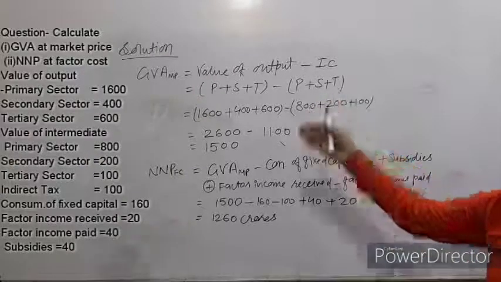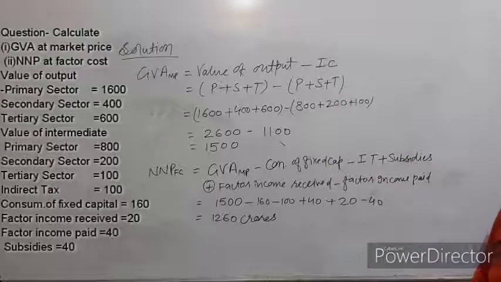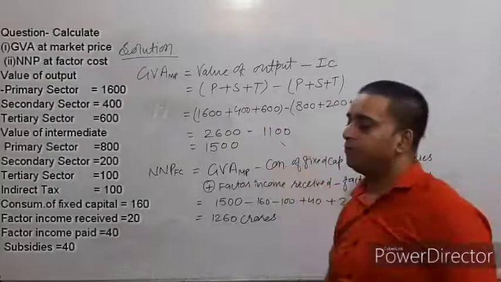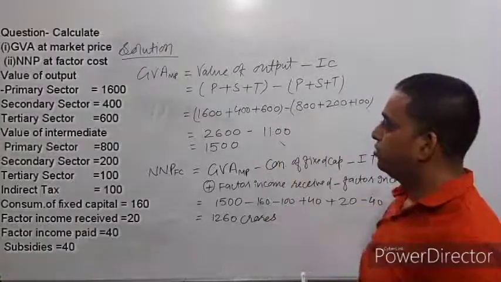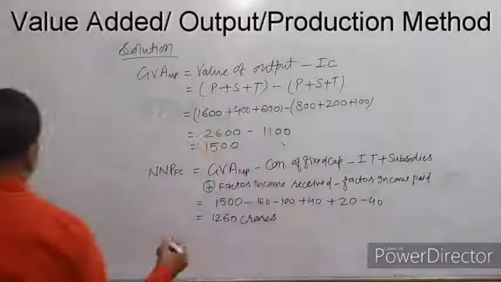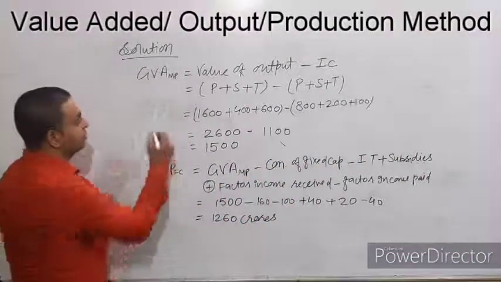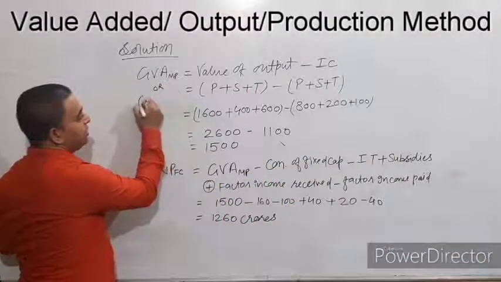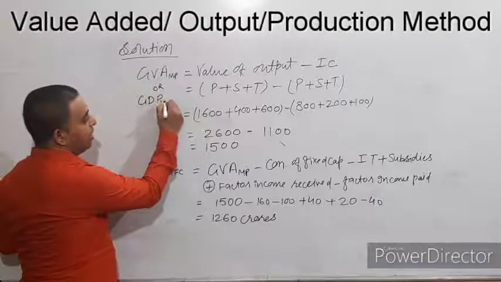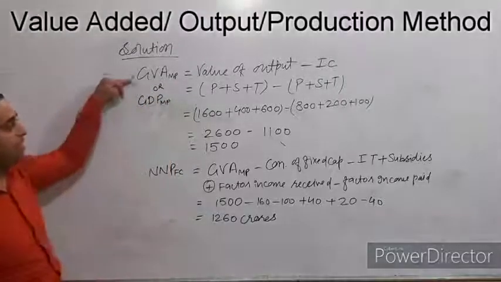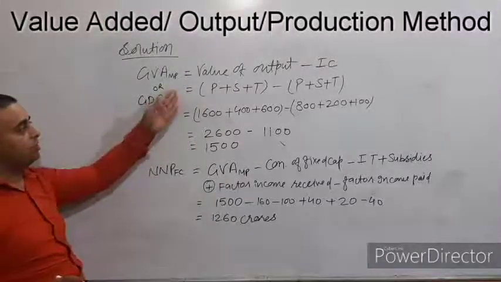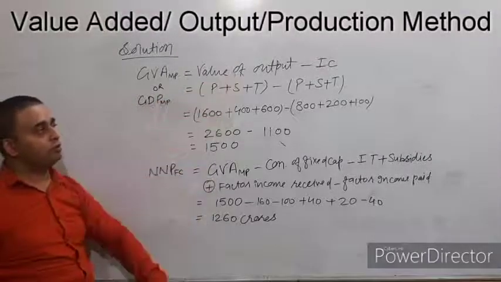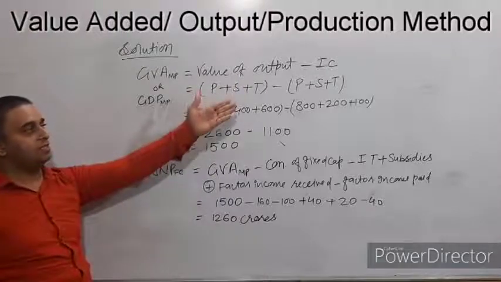Next we have to come to the solution. We have to find out two things: GVAMP, gross value added at market price. It means GDPMP and GVAMP both are the same. Right? So what is the formula? Value of output minus IC.